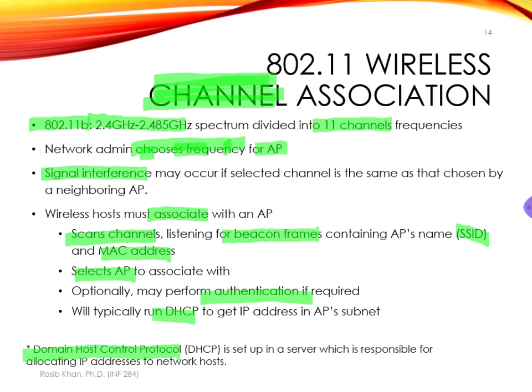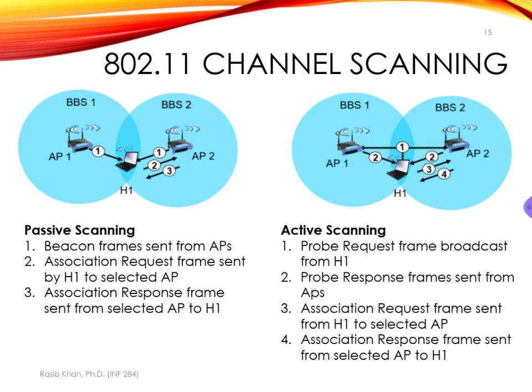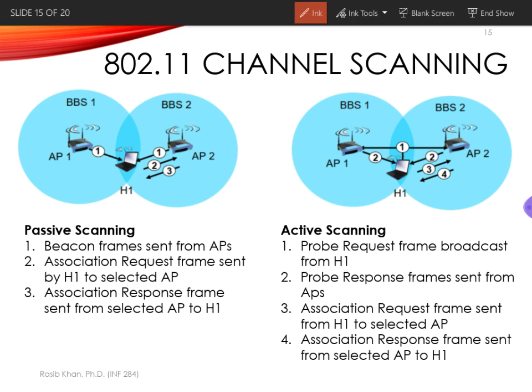So if we look at how the association works, there are two ways in which a node can go through the process of channel association. First, we call it passive scanning. In this case, let's consider two access points, AP1 and AP2.